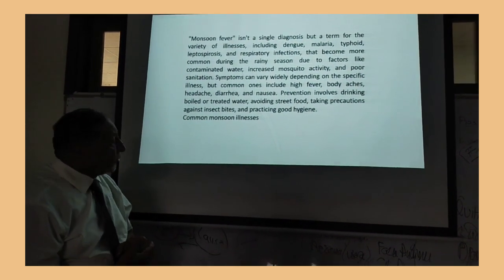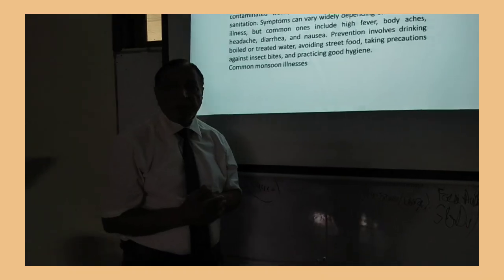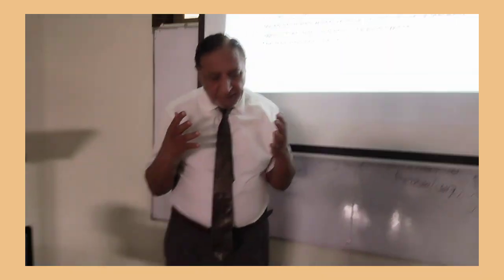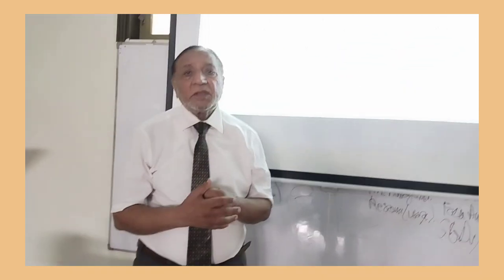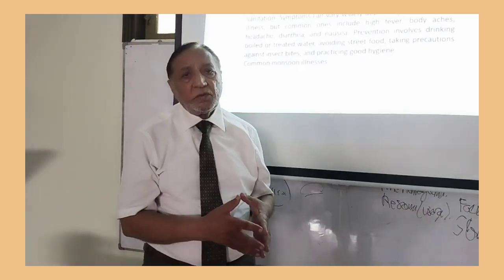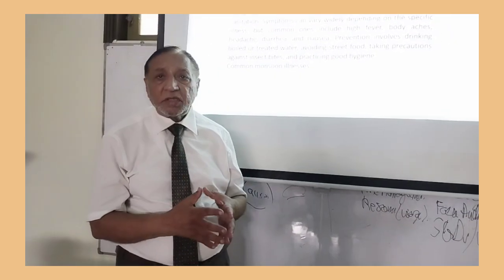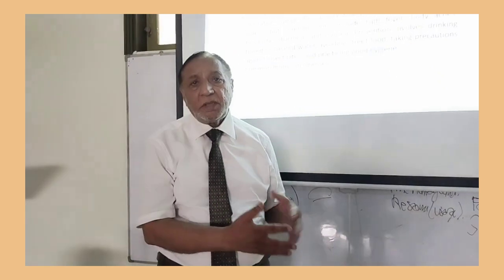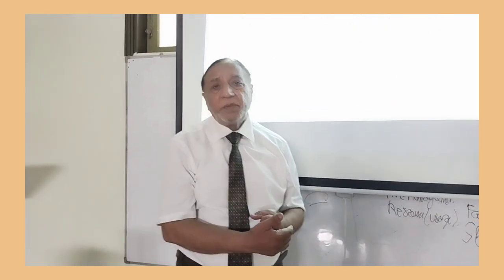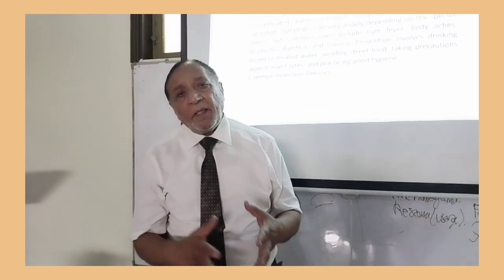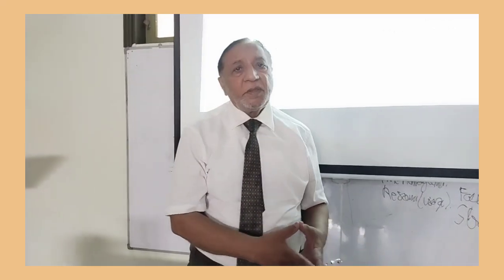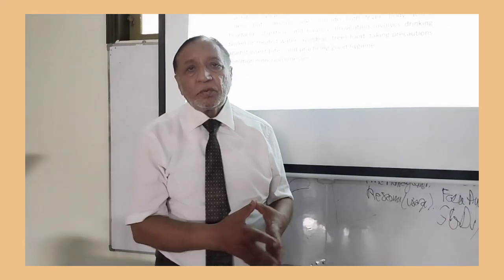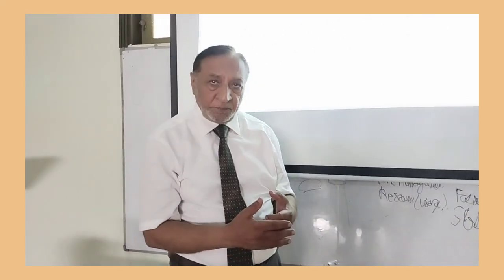The word monsoon is Arabic in origin, and it is the actual word which was used by the Arab traders many centuries ago, because this is also called the Arabian Sea, which is a branch in part of the Indian Ocean, and the Bay of Bengal is also part of this Indian Ocean.